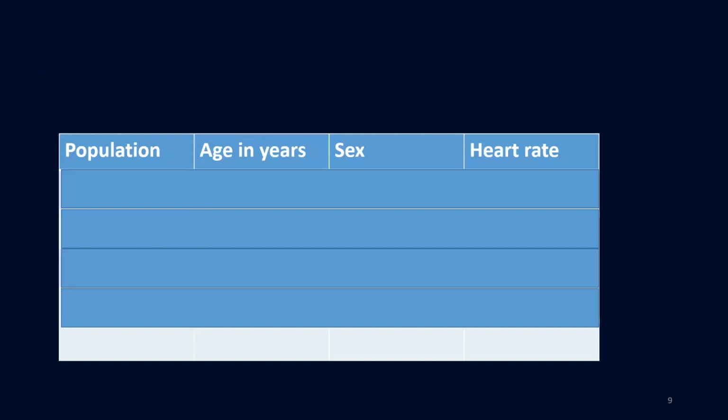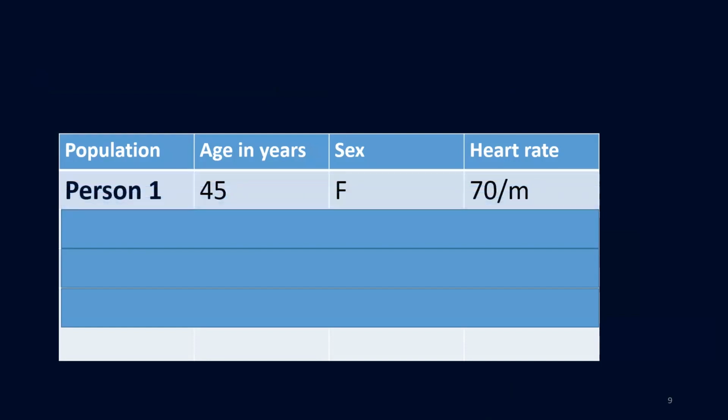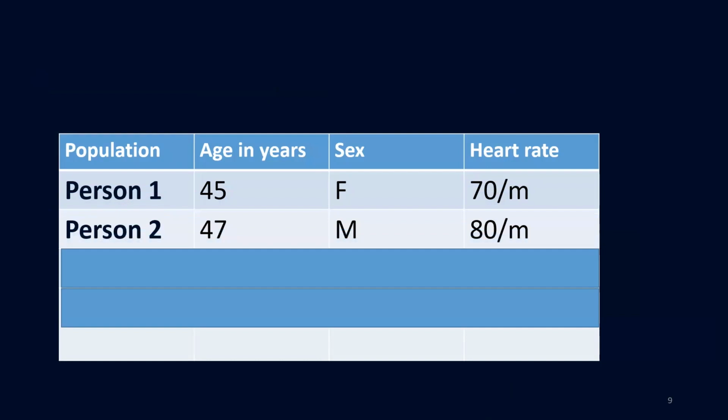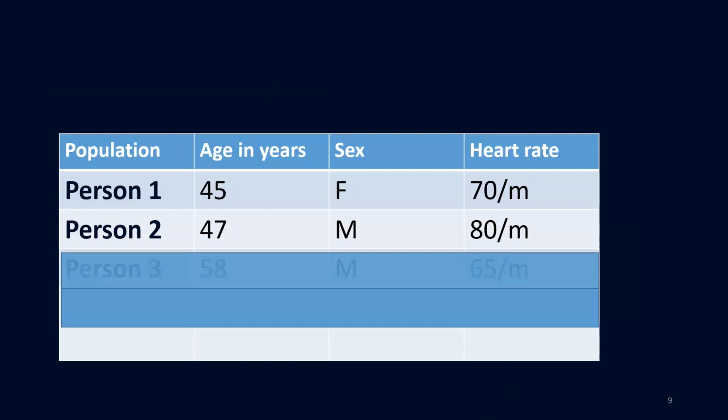Let's look at this table. Now we have a small example of how it is done. So we have population, age in years, sex, and heart rates. So person one is a 45-year-old female, and her heart rate is 70 beats per minute. Another person is a 47-year-old male, and his heart rate is 80 per minute.